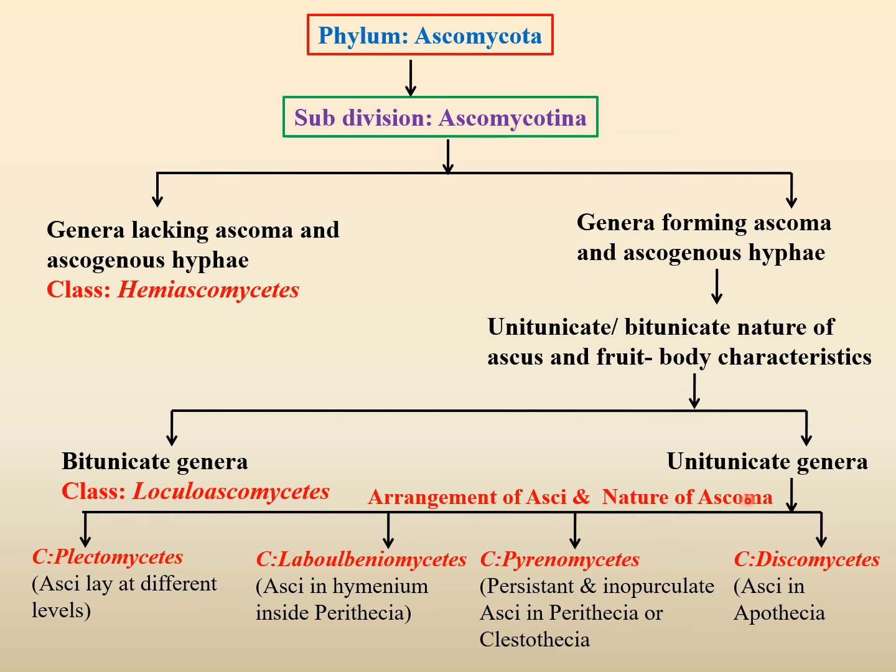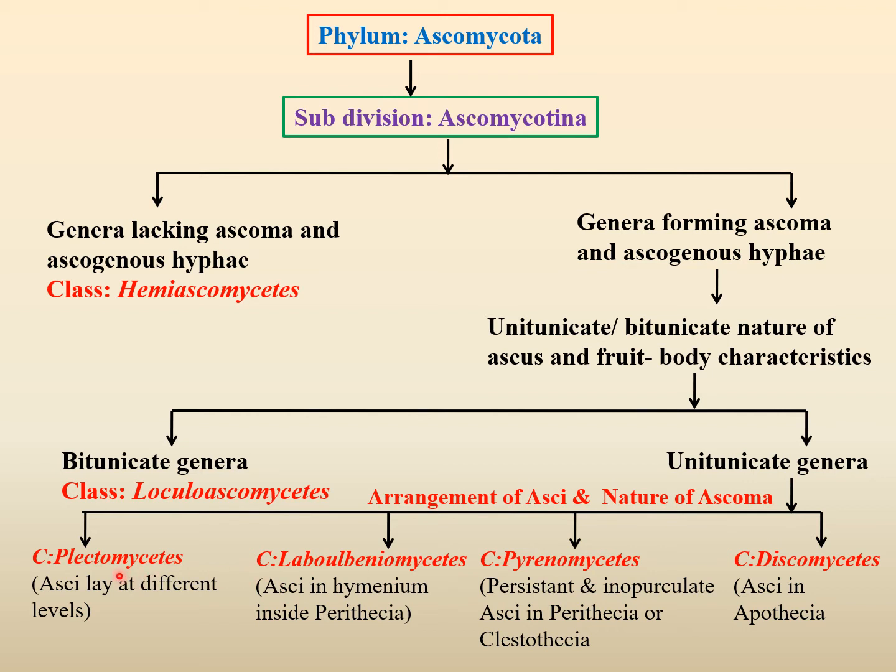And unitunicate genera were further divided based on the arrangement of asci and nature of ascoma, that is, based on fruiting body type and asci arrangement, whether asci are arranged randomly or in a particular layer like Hymenium. So there are 4 classes in unitunicate genera.